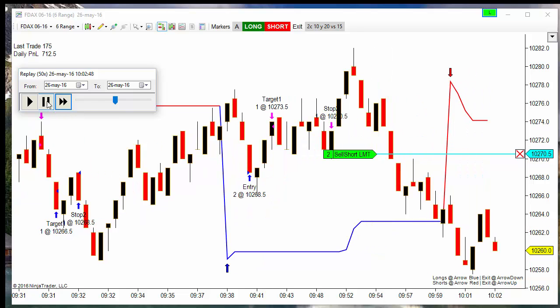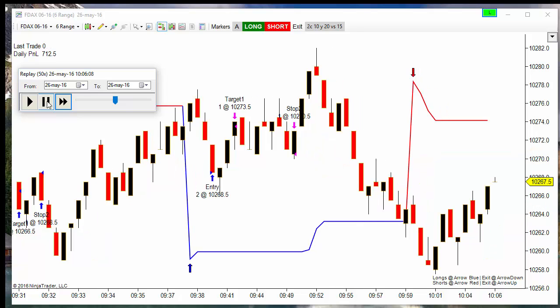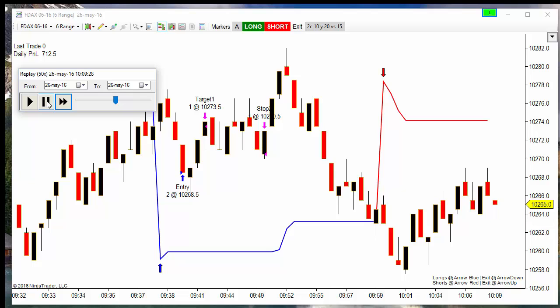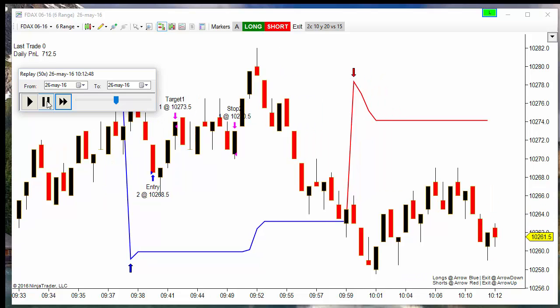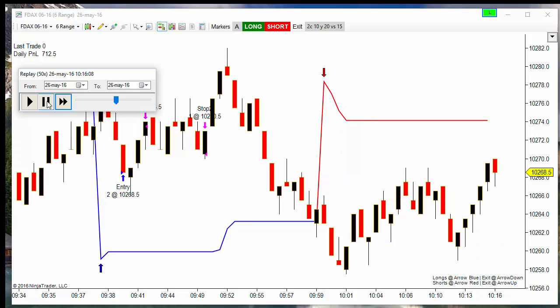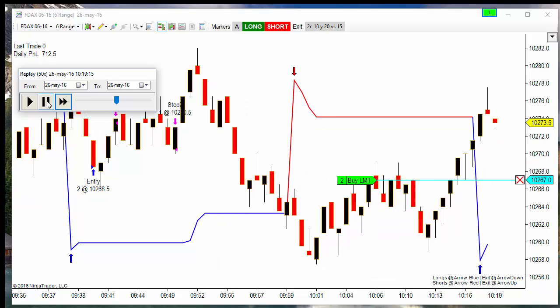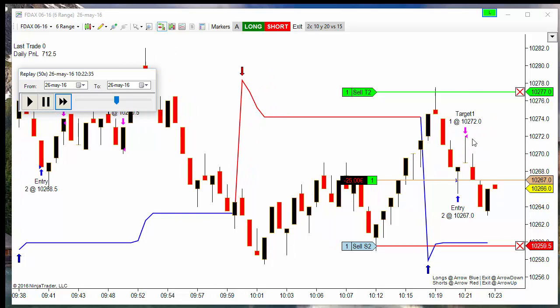We have a short. It is taking too much, order cancelled. Long, order filled, target filled. Fill at the pullback.